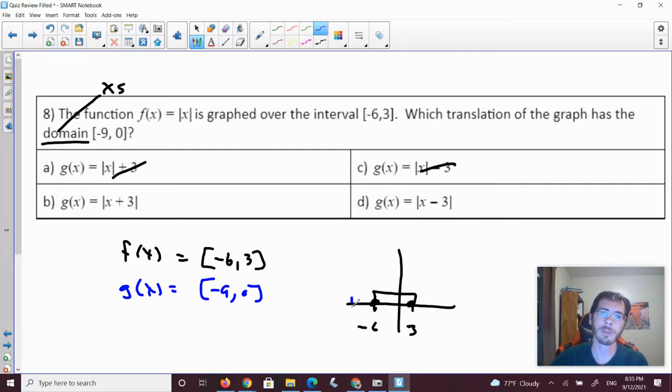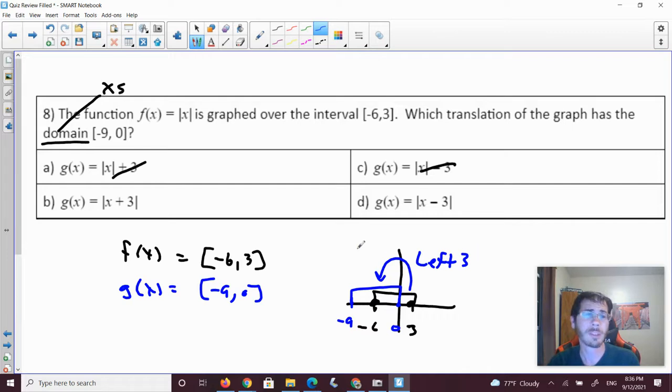G of x goes from -9 to 0. So what we're doing is we're taking f of x and we're going to shift it to the left. So I have to pick the one that says I'm going to the left. So again, from the black bar, I go to the left. I'm going left 3.